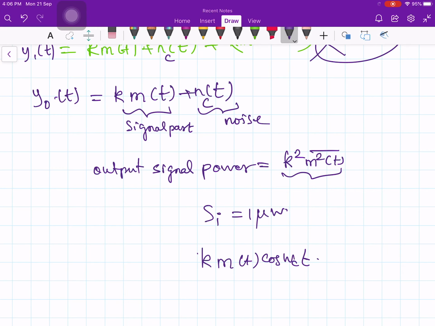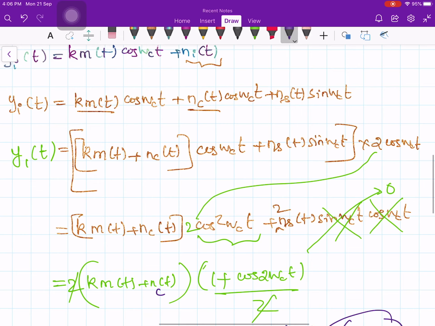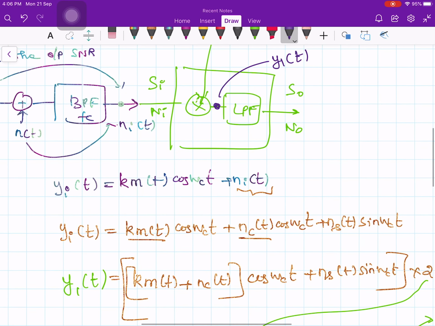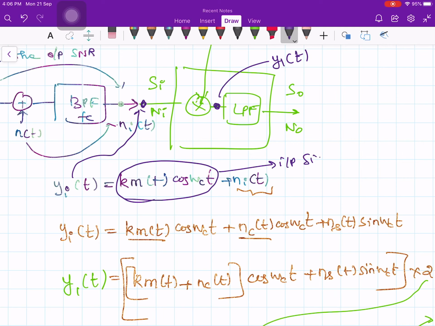Look at the figure. Okay, so this is my yi. This is my input signal, and this input signal is given to the demodulator, and this block is the demodulator, for the DSB-SC modulated signal. So what is the input signal power now?